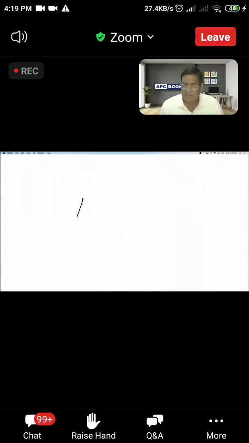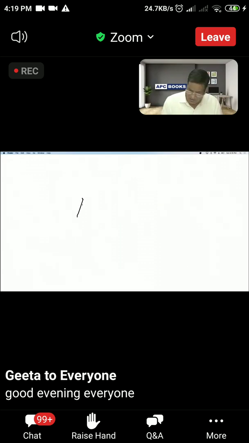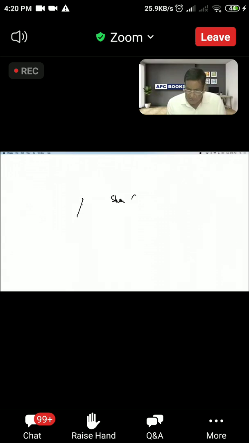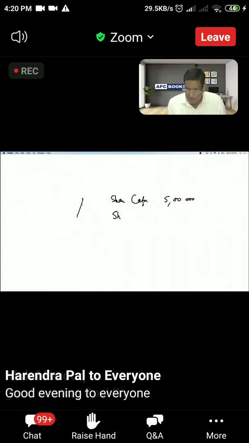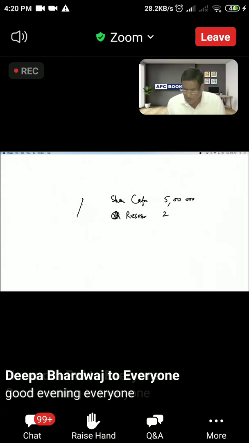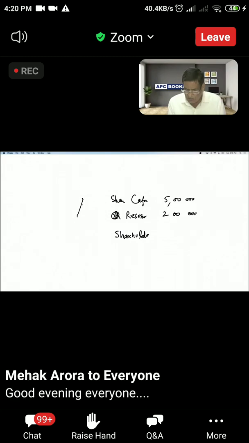Moreover, suppose I put a question to you. In the question, suppose share capital is given 5 lakh, the reserves given 2 lakh, and shareholders funds 10 lakh.